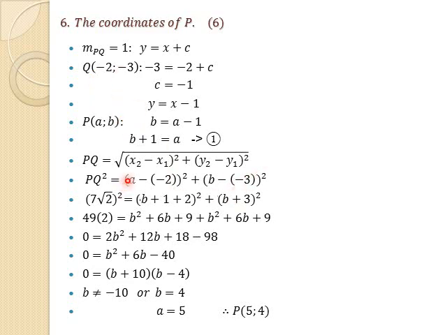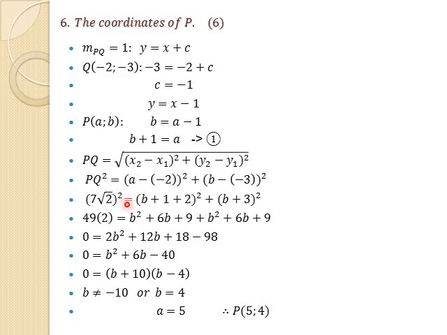But my a must now be p plus 1. So in a's place, p plus 1, negative times negative gives me plus 2. Negative plus negative gives me (p plus 3) squared, and PQ is 7 square root 2 squared.